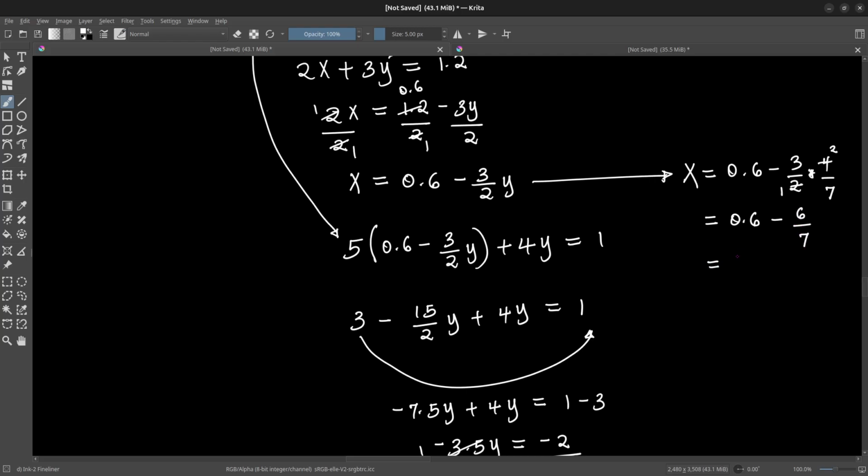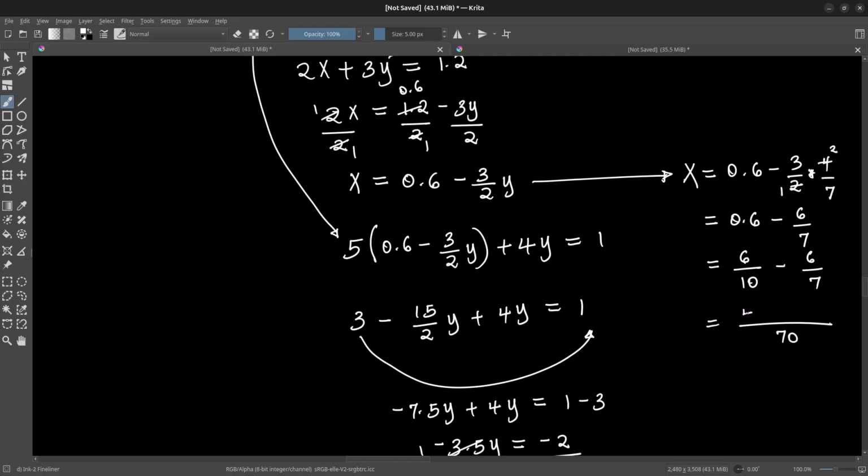So this is the same as saying 0.6, which is 6 over 10, minus 6 over 7. So the LCM of 10 and 7 is going to be 70. 70 divided by 10 is 7, 7 times 6, that's going to give you what, 42? Yeah, that's 42.